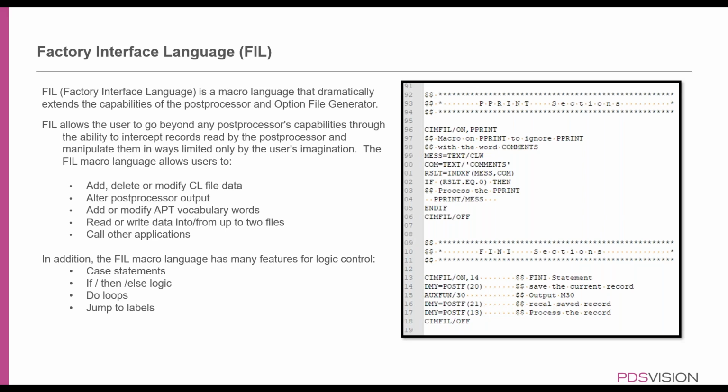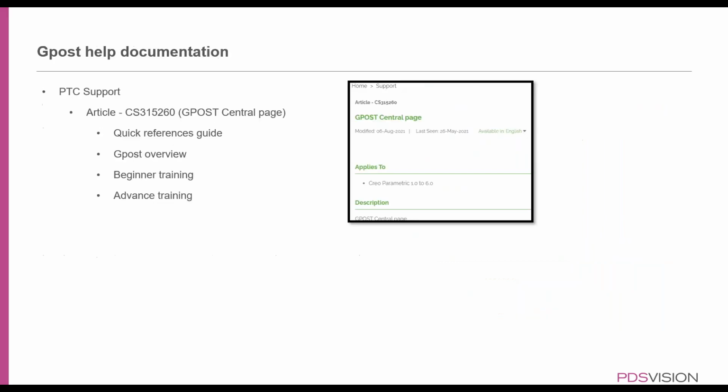So I'm going to talk a little bit about that. I'm going to show you where you can get some help documentation, and we'll discuss that in the demonstration as well. Most important, as soon as you start working with this stuff, is the help. If you watched any of our previous webinars, you'll notice that there were PDF files that both me and Sean referred to.